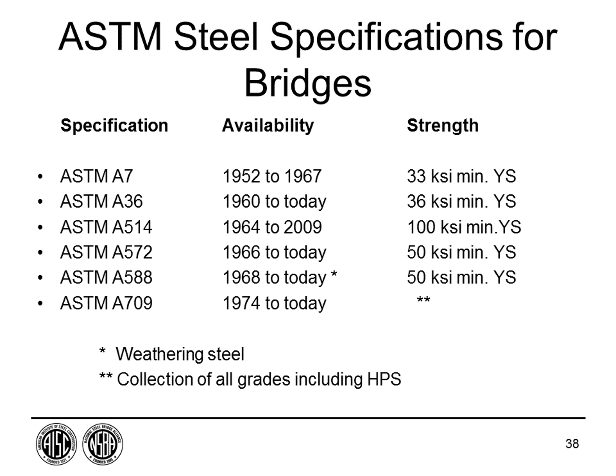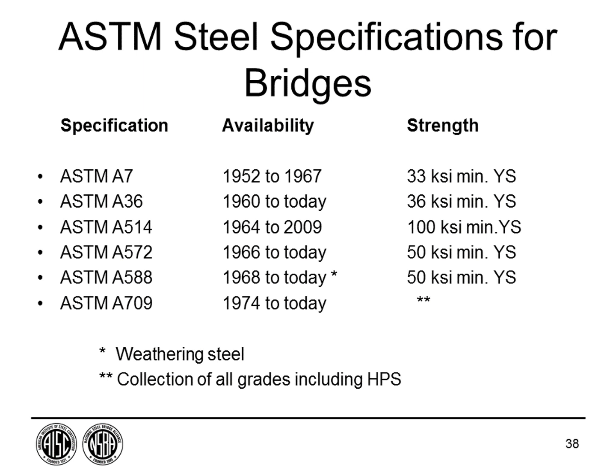The first ones in the 50s go back further than this, but this is the last 60 years. We started with A7, and then we developed A36, which is what we still have today. It started in the 60s. Then A514 was introduced, which was the 100 KSI T1 type steels.